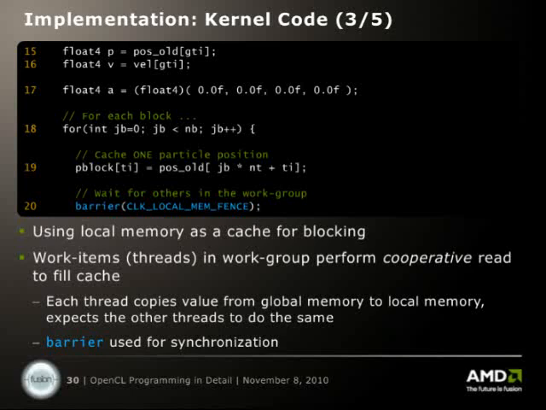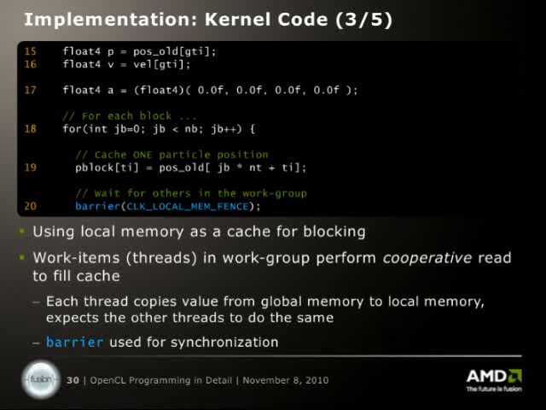So there's no outer loop within the kernel. It's implied. We get the particle position and velocity, then we zero out the acceleration, and then we begin our loop over blocks. This is at line 18. We begin looping over blocks.